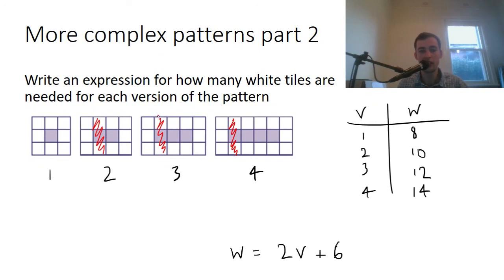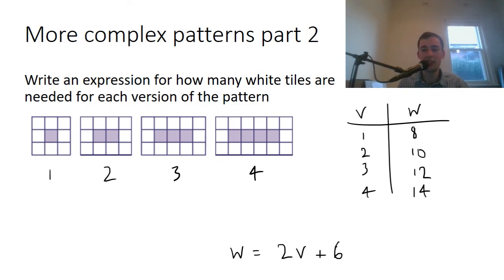But if it was just W equals 2V, then that would ignore this tile, this tile, this tile, this tile, this tile, and this tile. So I've got 6 extra tiles that I have to include. And those 6 tiles, the outside ones, are on every single version. So you're always adding 6.